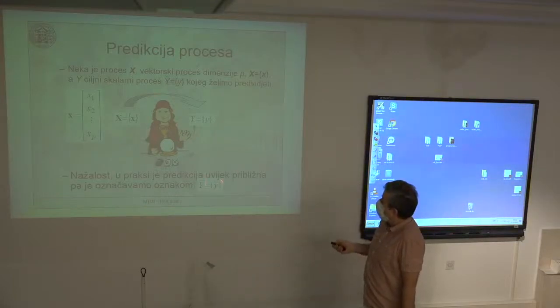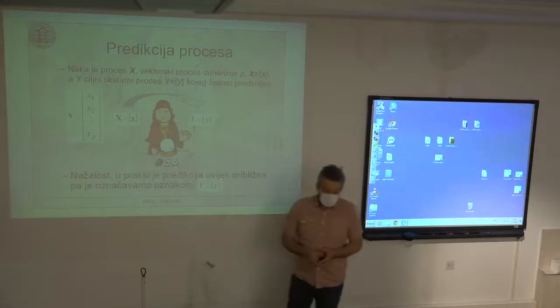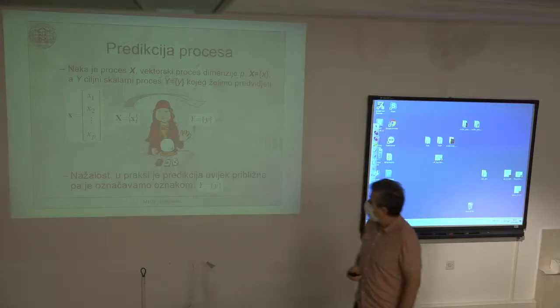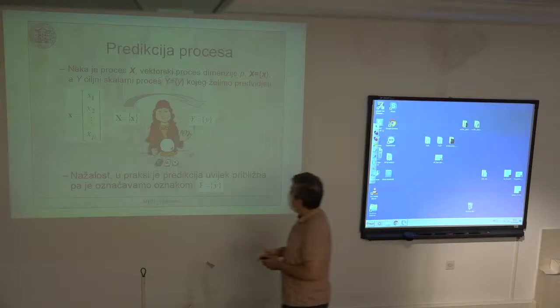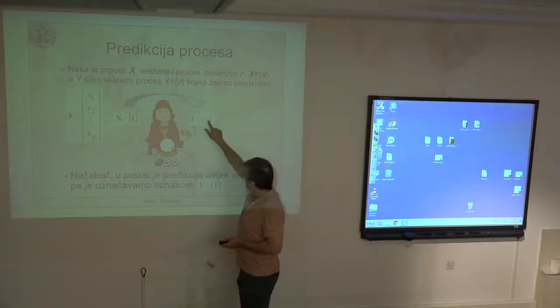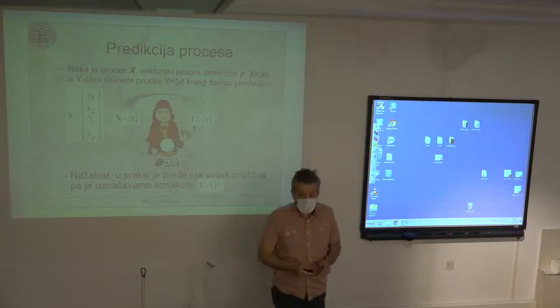And for that reason, we will introduce an additional symbol. This y tilde will denote the predicted value of target process y. So the predicted value is computed from the source vector, and the actual target value is y. And then the goal would be to have this y tilde as close as possible to the actual value of y.